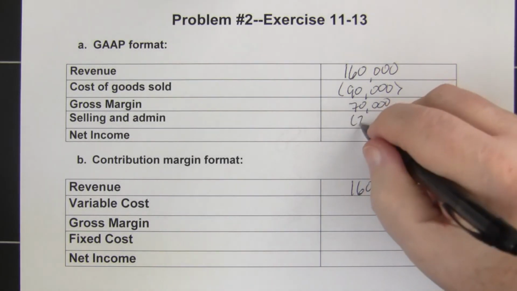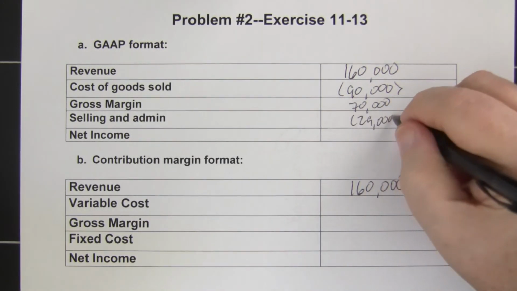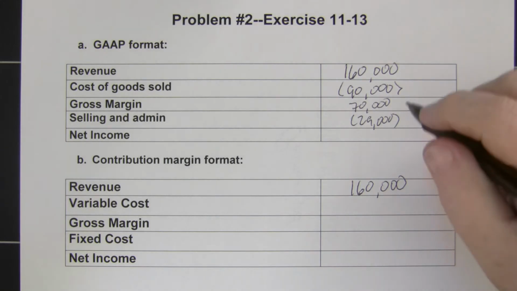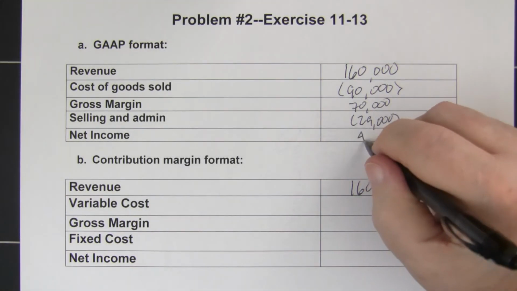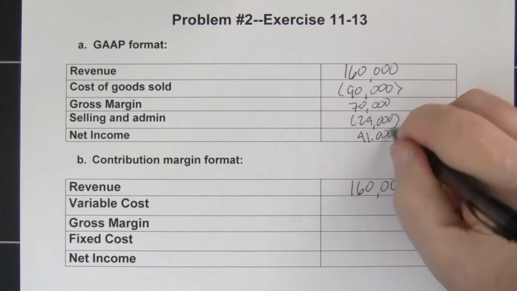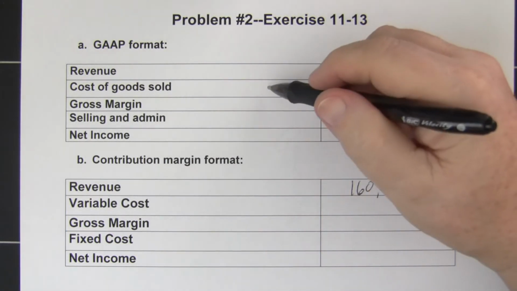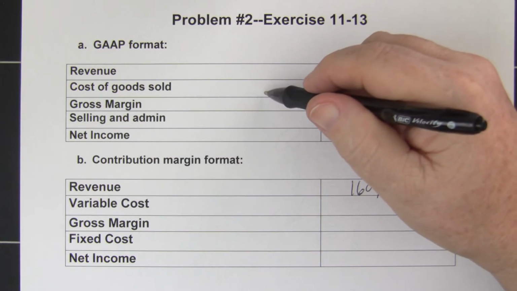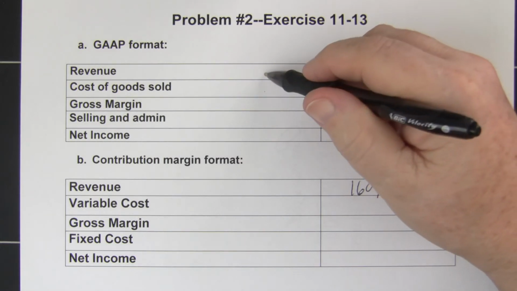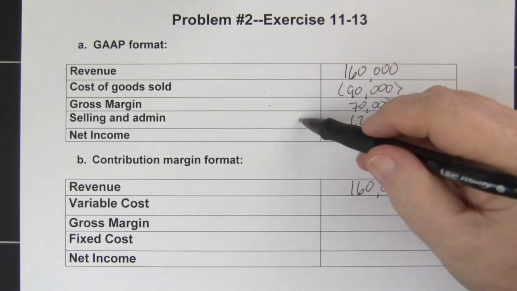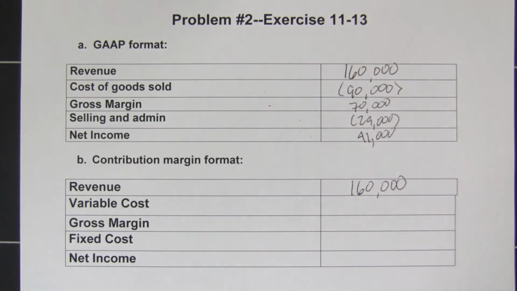So that's $29,000 in selling and administrative costs, both fixed and variable. That gives us net income of $41,000. Remember, this looks at what the costs do. Cost of goods sold reduces revenue to give you gross margin. Selling and administrative gives you net income.